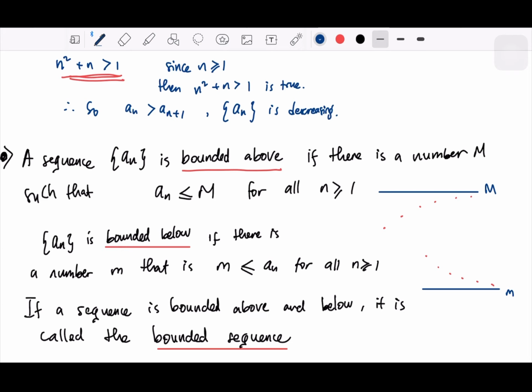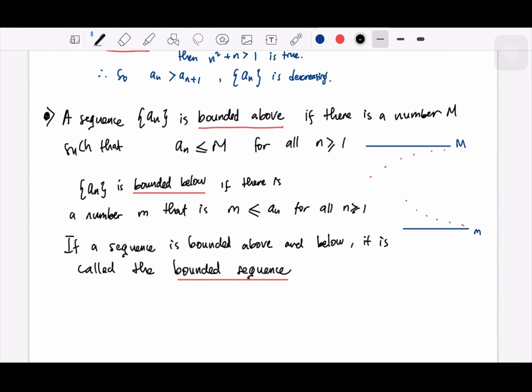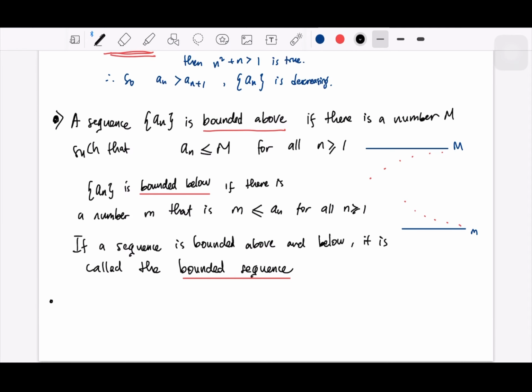Let me write some conclusion and then we can have a short break, okay? So conclusions, every bounded monotonic sequence is convergent.